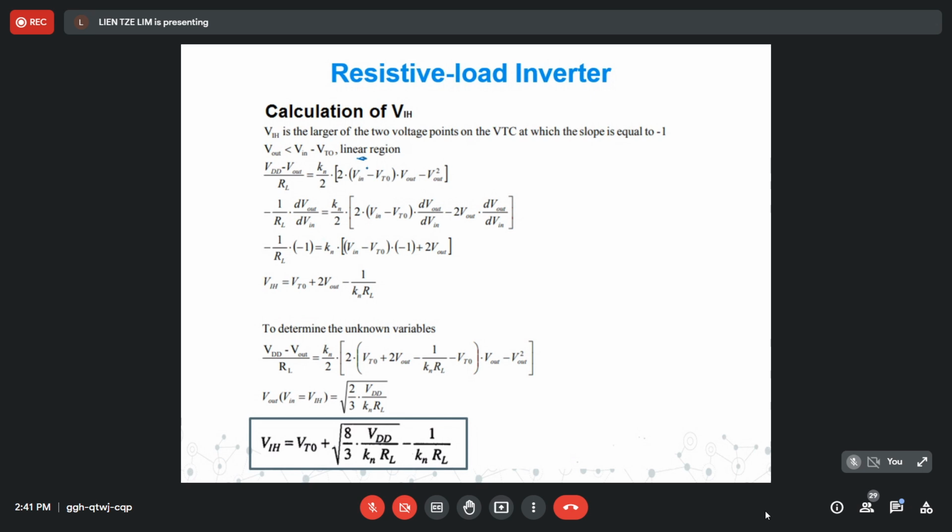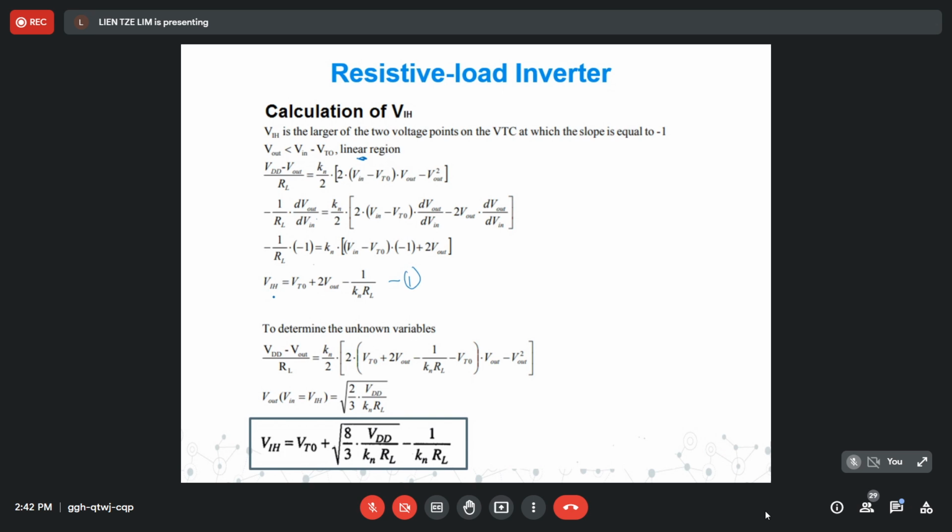The formula here is also derived based on the load current. So you can see this is the method of how it is derived, and this is the formula that we can get for VIH.